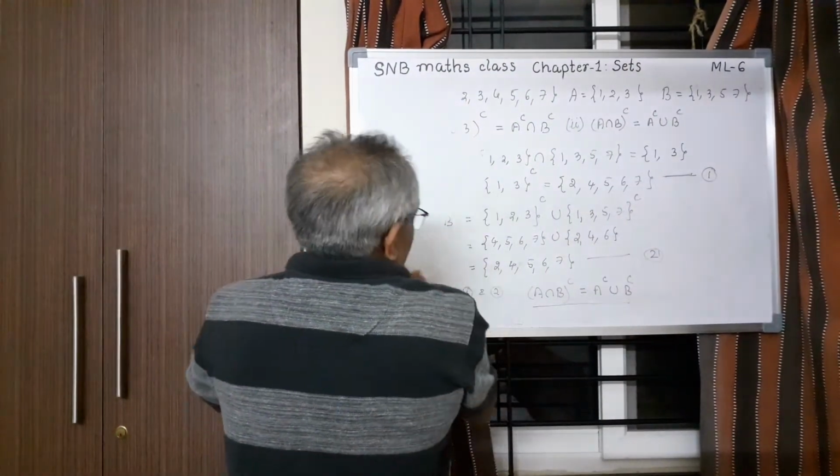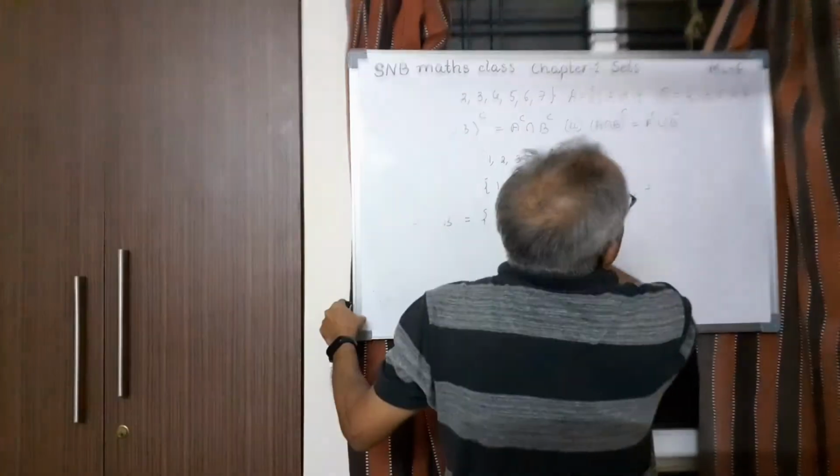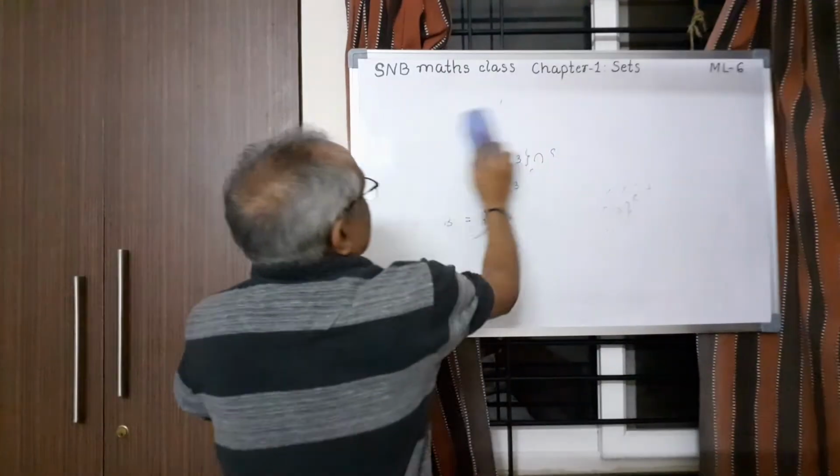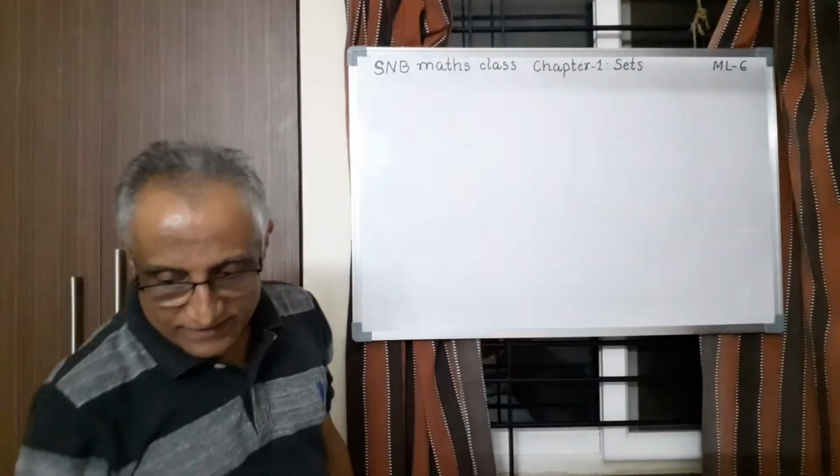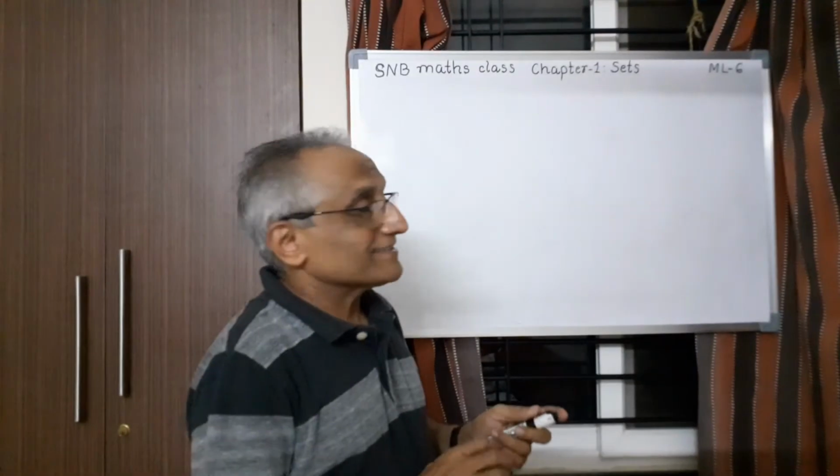With this, we have completed all the four operations of sets. So first one is union, second one is intersection, difference and complement. So this completes the set operations. Now let me just sum up what we have done so far, because this is the sixth lecture in the series.